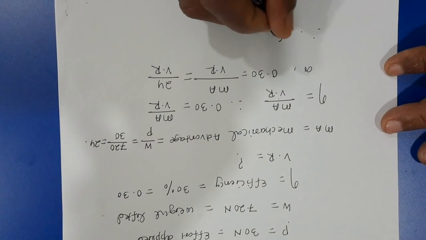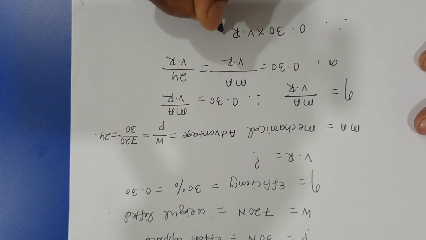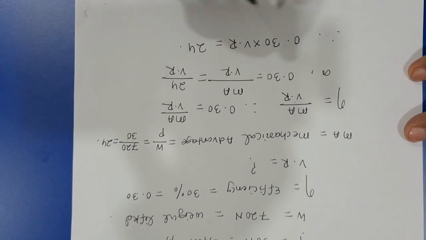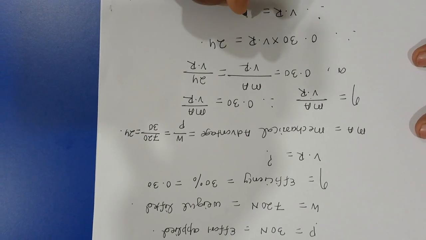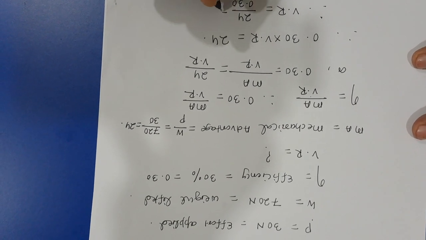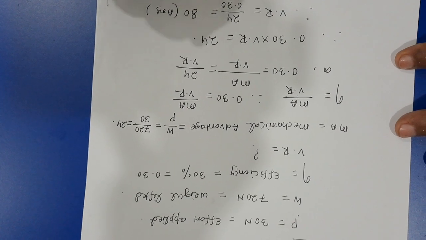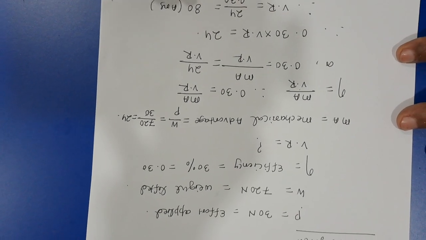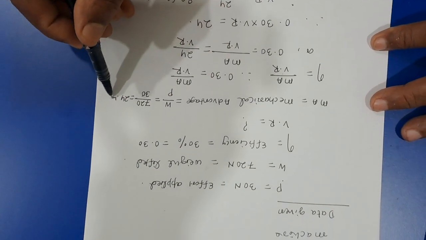Therefore 0.30 into VR is equal to 24. Now velocity ratio is equal to 24 by 0.30 is equal to 80. This is the required answer. Velocity ratio is equal to 80. Mechanical advantage is equal to 24.